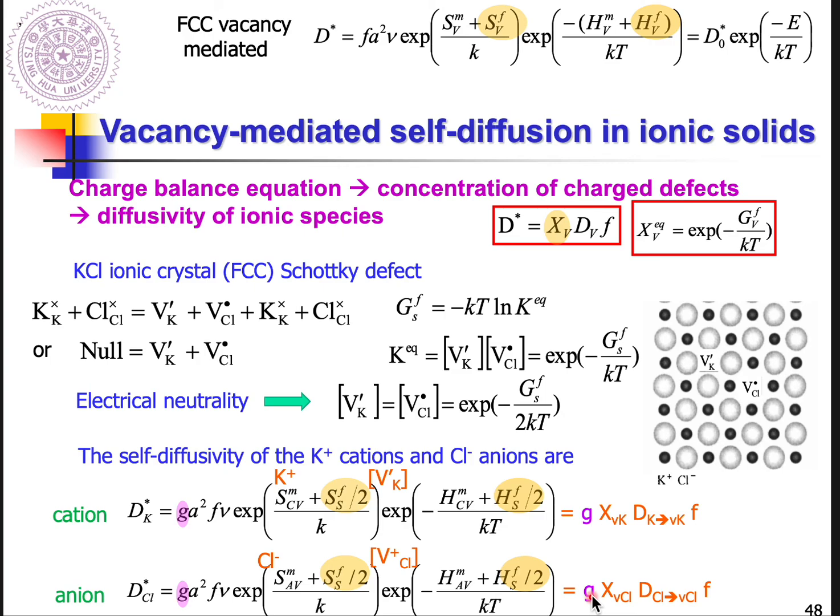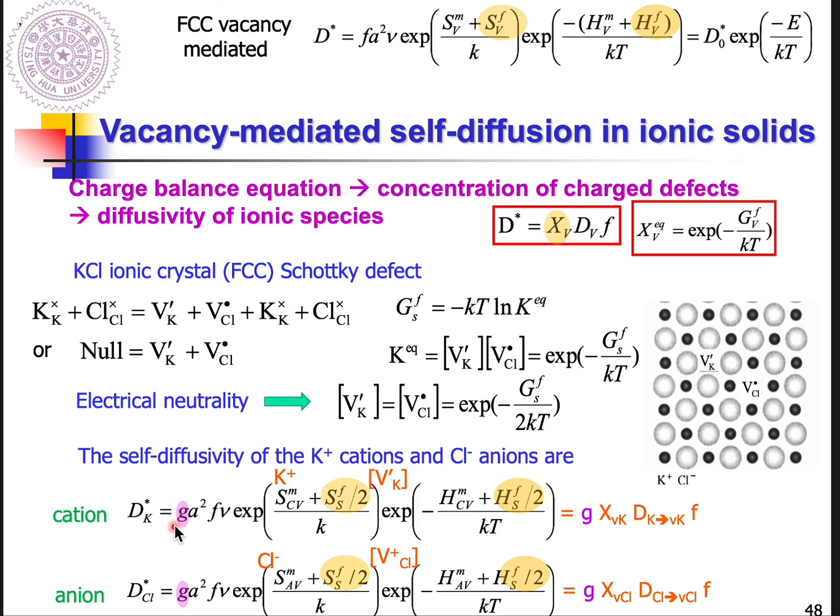Okay, so the most important thing is you need to formulate the explanation part and also this one. And don't forget, as long as you deal with ionic materials, you could put a G to modify this part. You can consider it as a different crystal structure if the ionic crystal is not FCC.